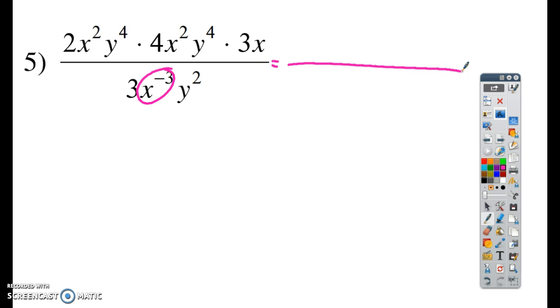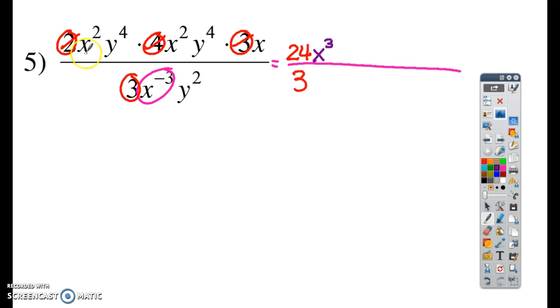So I have, you can multiply, you can do 2 times 2 times 4 is 8, times 3 is 24. You can do that right now and put the 24 in the front. You can also put the 3 at the bottom. Okay, and when you move this x to the negative 3rd to the top, you just say that you have x to the power of a positive 3.